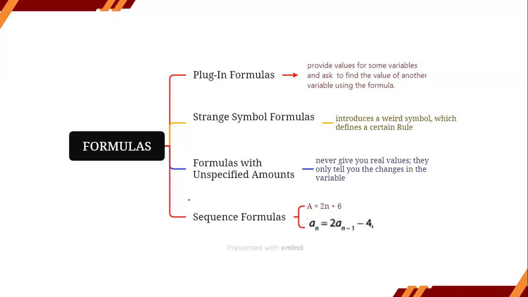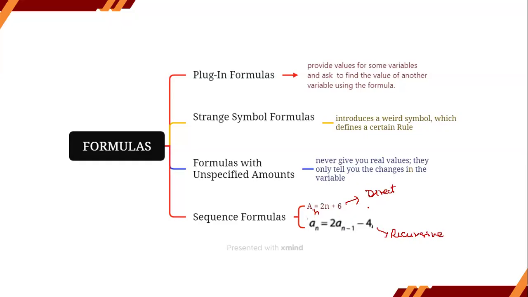Now in a sequence formula question, it is a set of numbers which follow a definite rule, right? These sequence formulas can be given to you in 2 types: either direct sequence formulas or recursive sequence formulas.